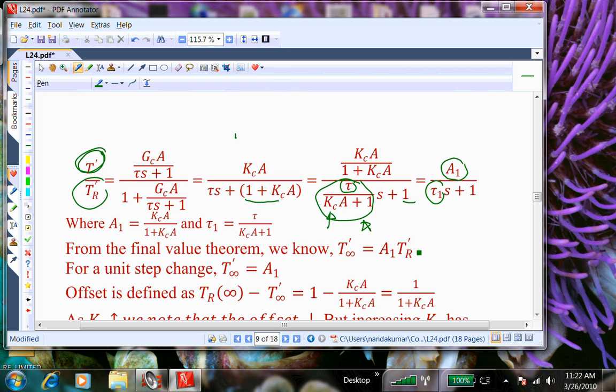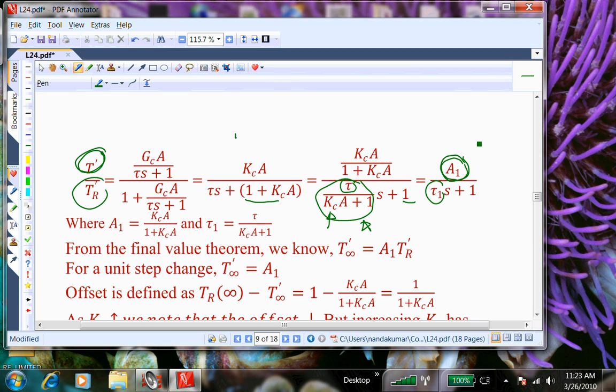How did I get that? For a step change, the final value theorem simply says multiply by S and put S equal to 0. So when I have a step change, Tr prime is all over S, multiplied by S, and then put S equal to 0, and you will get A1.